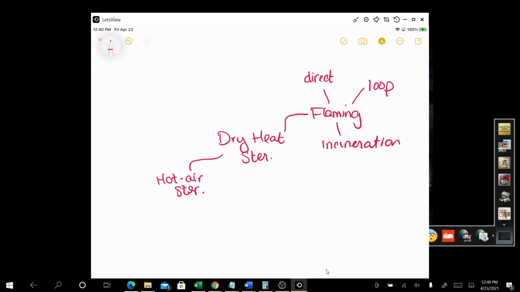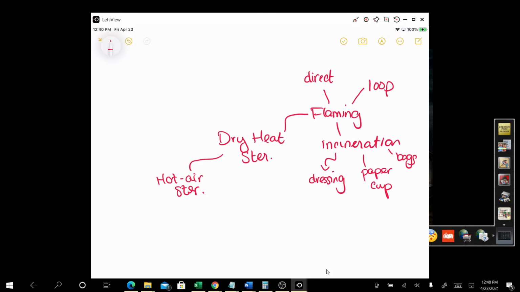Now, with incineration, items that can be destroyed, or contaminated items, are dressings, cups, paper cups, bags, things like that.